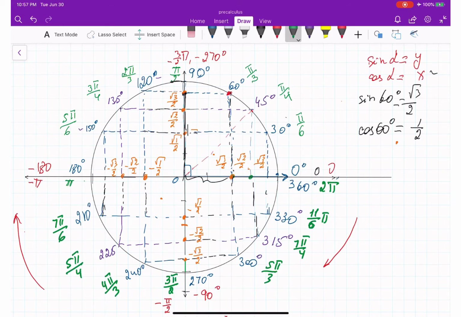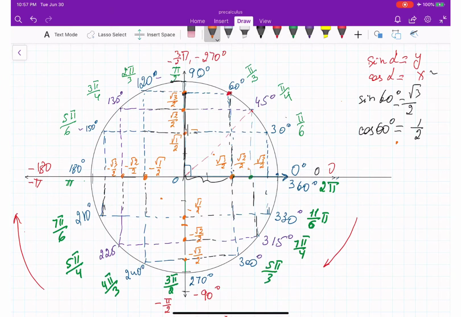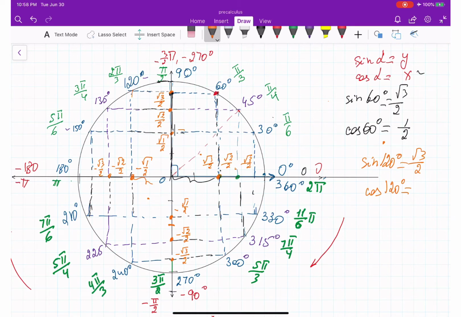Okay, next. Let me take sine 120 degrees. Sine 120 degrees is going to be this vertical line, right? Y, which is equal to square root 3 over 2. And cosine 120 degrees is equal to negative 1 over 2.